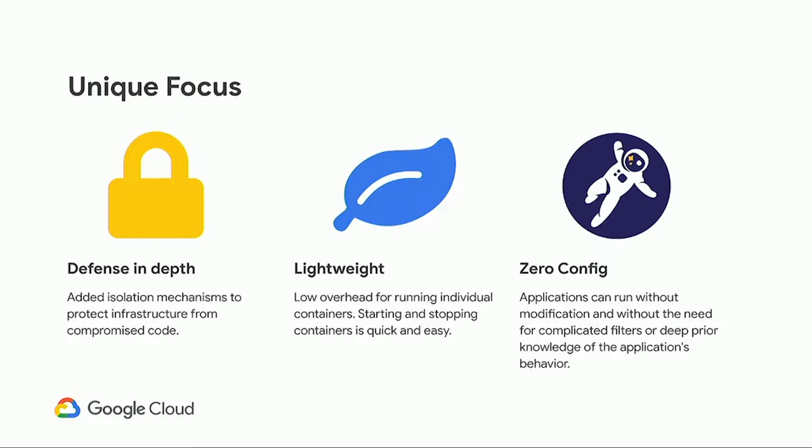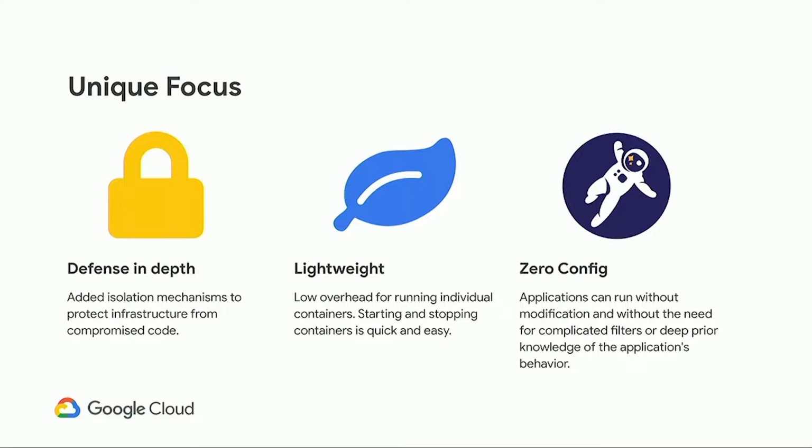But you need to manage that configuration over time as the application changes, and it's very important from a security standpoint that you keep that configuration correct. If your application starts doing different things, you need to update the filter to include those things. It's very hard from a security standpoint to make sure that all of the applications you're deploying are managed correctly.